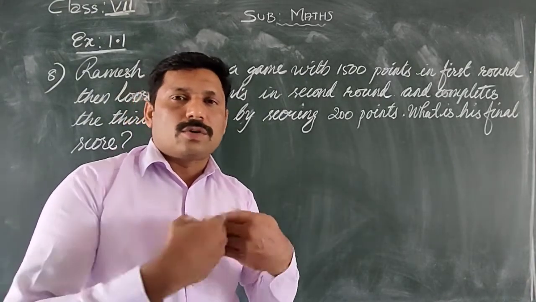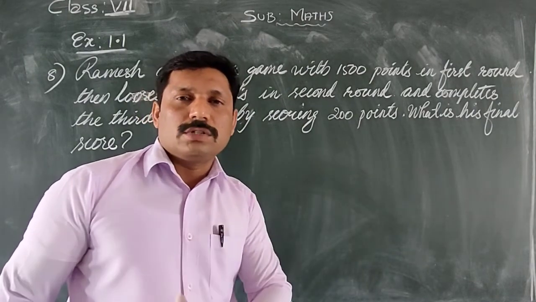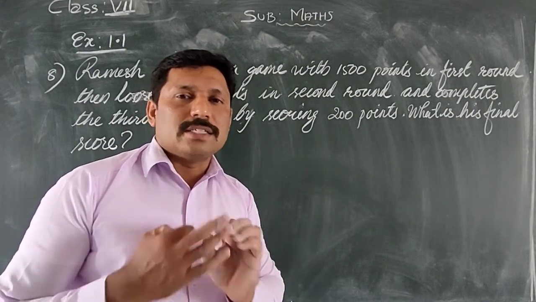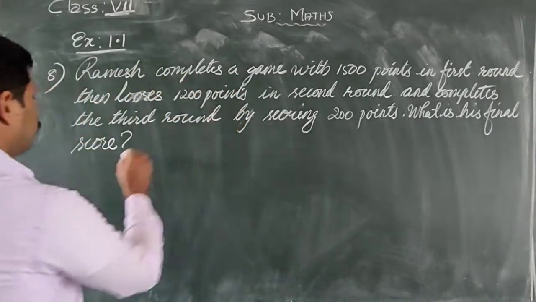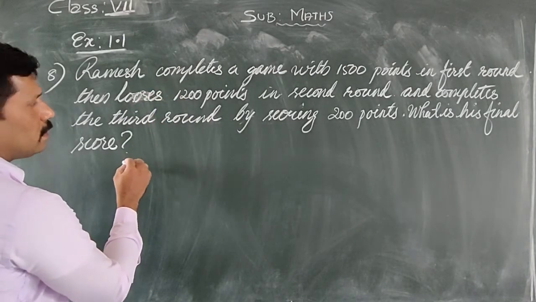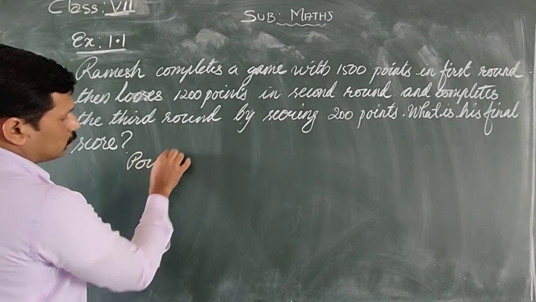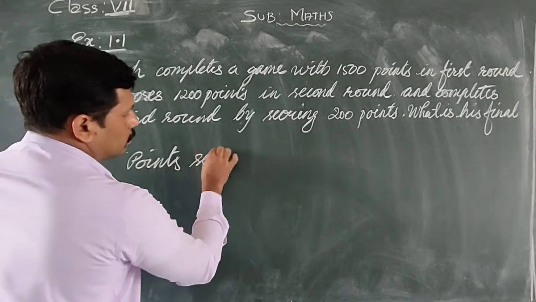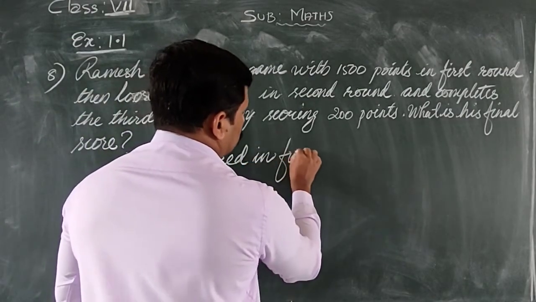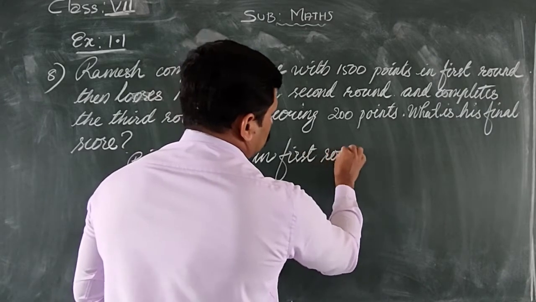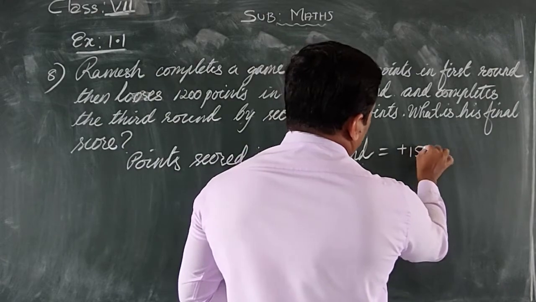Points scored should be taken as positive, and points lost should be taken as negative, and the sum of all that will be equal to his final score. So here we write some steps. Points scored in the first round will be taken as positive, therefore positive 1,500.